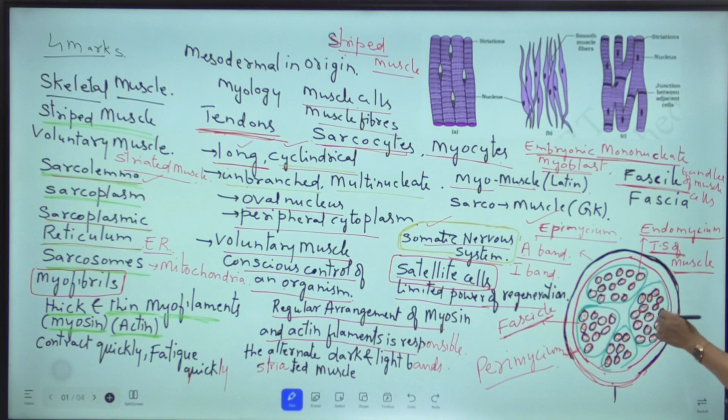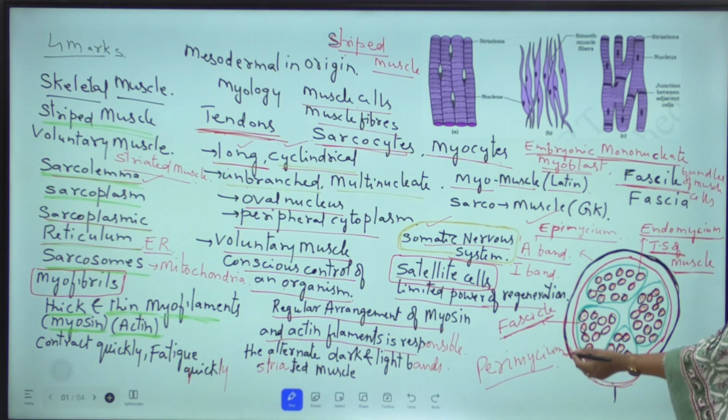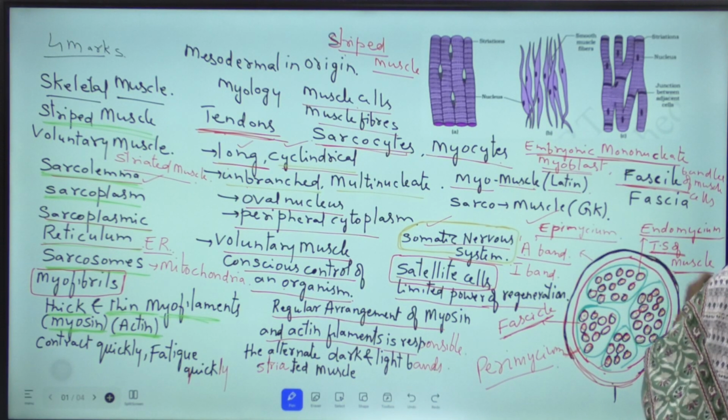Once again I am repeating: an individual muscle cell is covered by a thin connective tissue membrane called endomysium. What is a fascicle? Bundles of muscle cells are called fascicles. Each fascicle is covered by a thin connective tissue membrane called perimysium. The entire muscle is covered by a thin connective tissue membrane called epimysium.